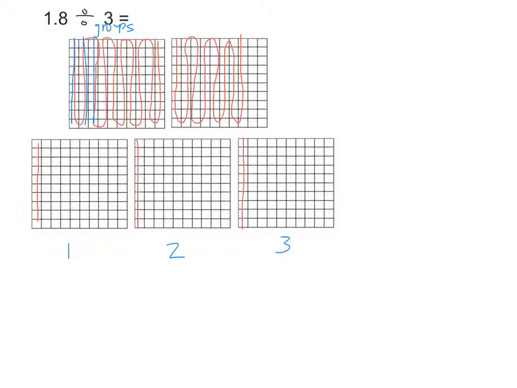I have enough that I can keep dividing out rows. So 4, 5, 6. I can keep dividing rows. 7, 8, 9.